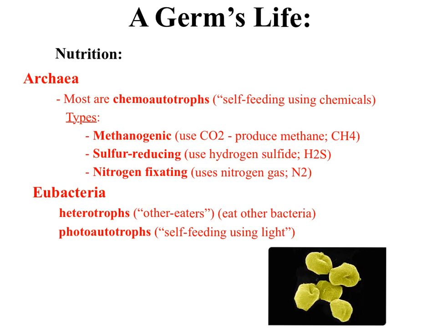With that in mind, archaea and eubacteria do different things. Most archaea are chemoautotrophs. So remember, auto means self-feeding, and chemo is chemicals. So they feed themselves through the use of chemicals. There are three types. The first is methanogenic, or methanogens.